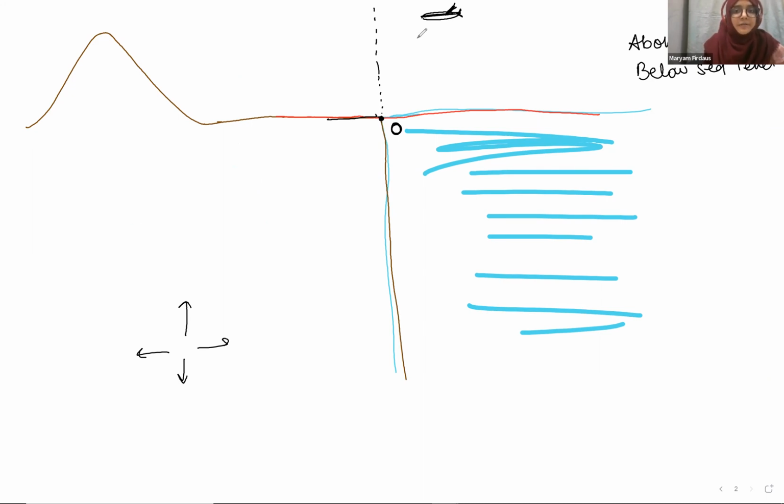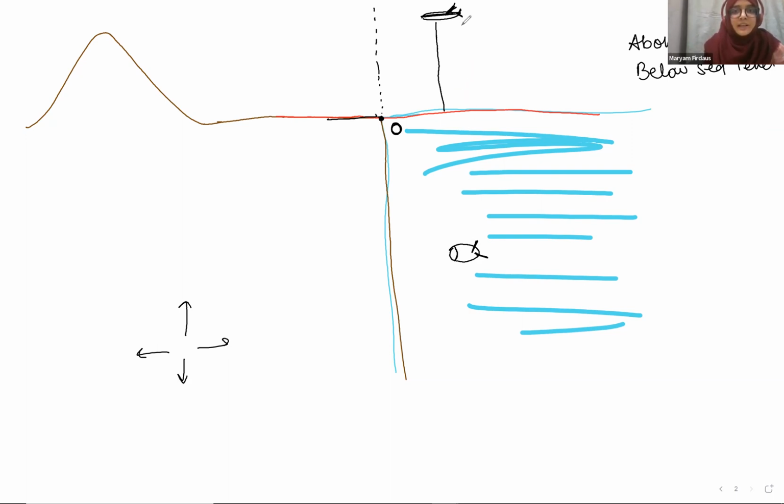So let's say you have an airplane over here, and the airplane is dropping some supplies through a rope or something to a submarine. Have you ever seen a submarine in documentaries? So let's say this is our submarine. We want to know the distance between the submarine and the airplane.